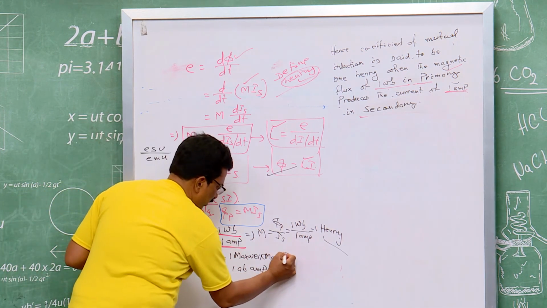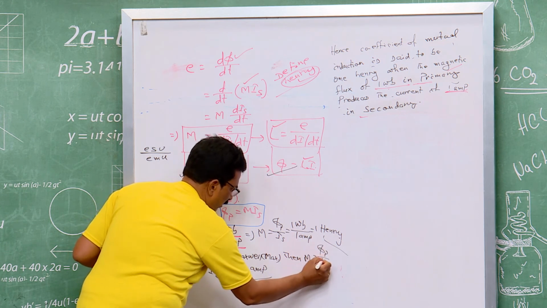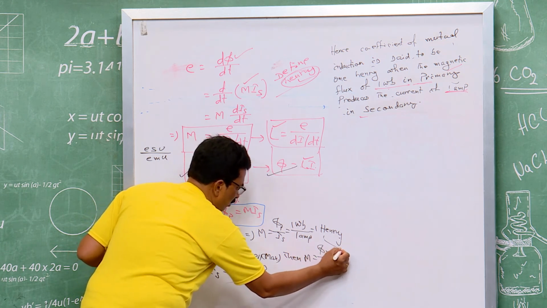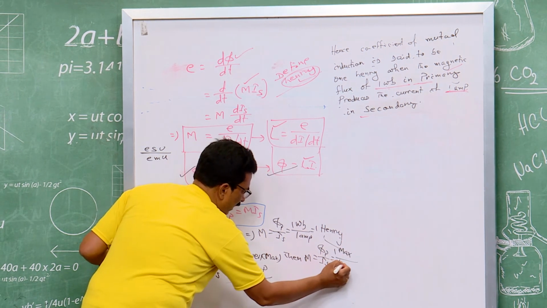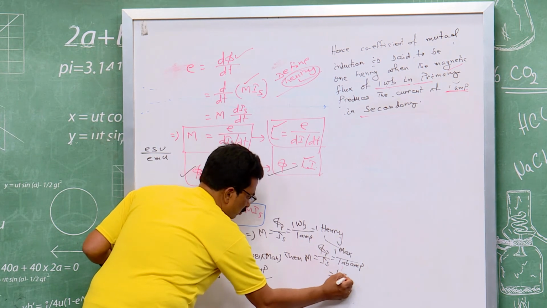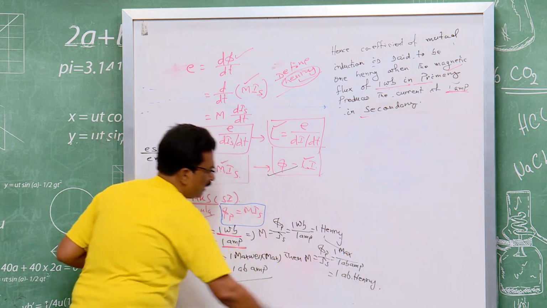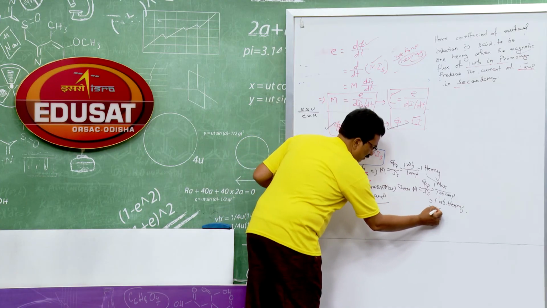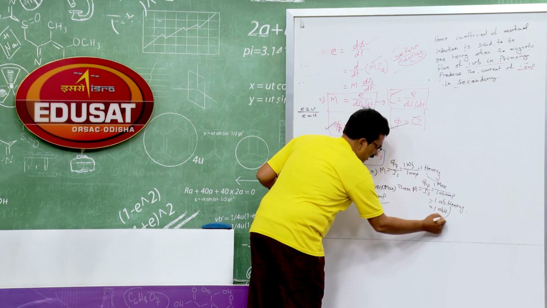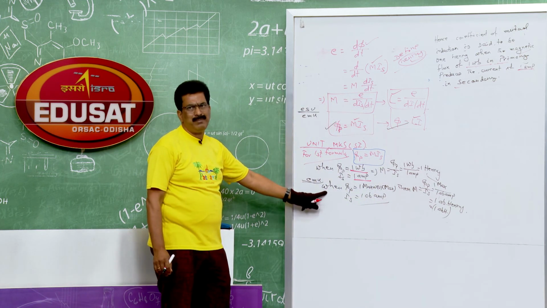Then M is equal to phi p by Is, which is 1 Maxwell by 1 abampere, which is equal to 1 abhenry, that is 1 capital H, for the EMU.